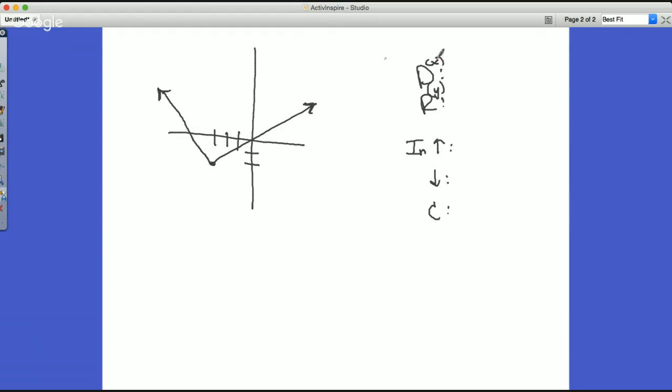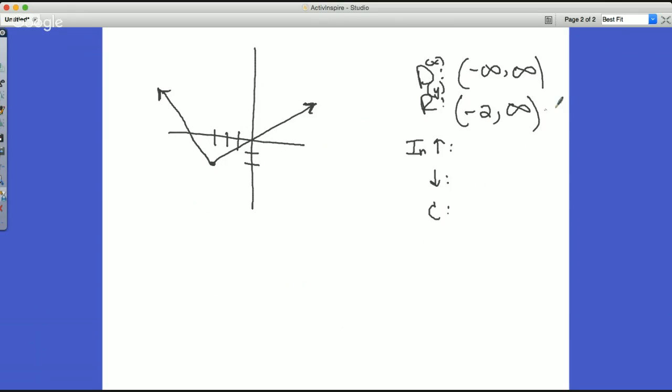So the furthest left value will be negative infinity because it keeps going to the left side, whereas the furthest right would be positive infinity. So we're going to put positive infinity there. Now for my range, I go low to high. My low is -2, and my high is infinity, okay? Low to high.